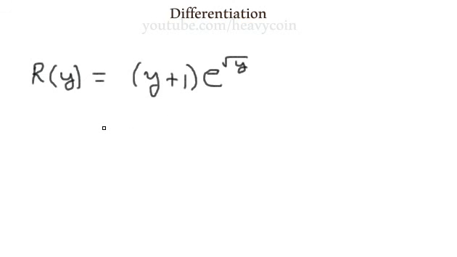Okay, so this looks like the product rule. We have 2 separate functions here, and so we're going to use product rule. But let's get this out of radical form up here and put this into exponential form, this piece right here. So that means that I'm going to rewrite this.